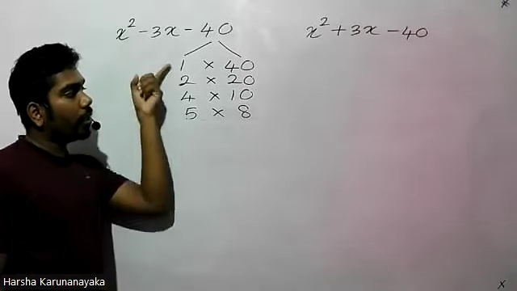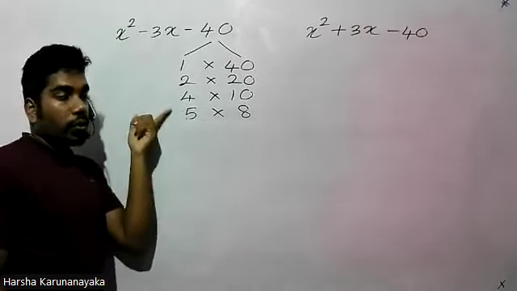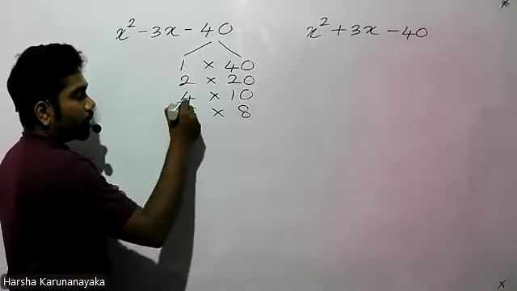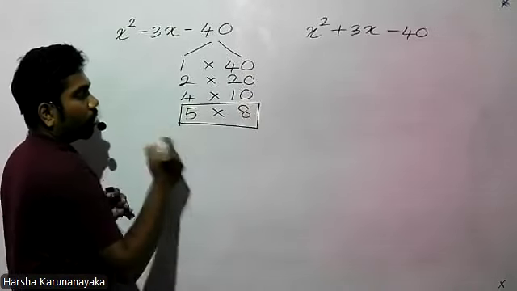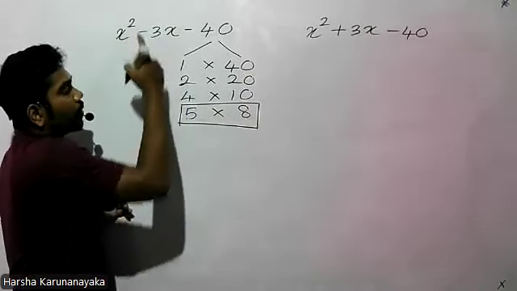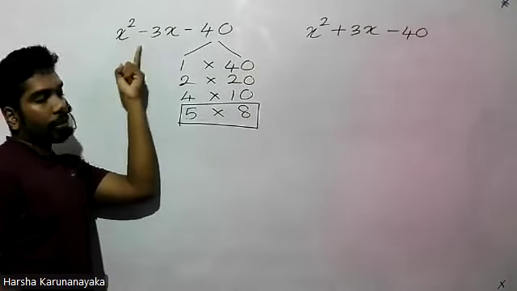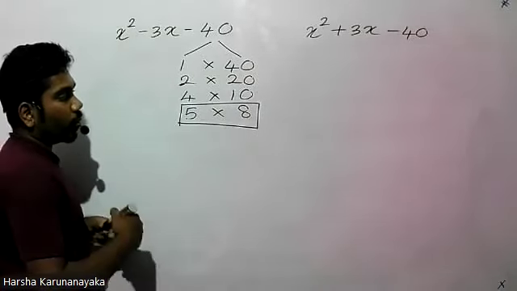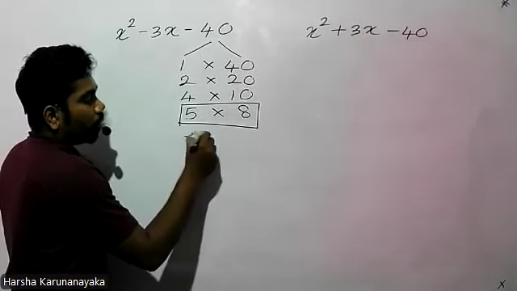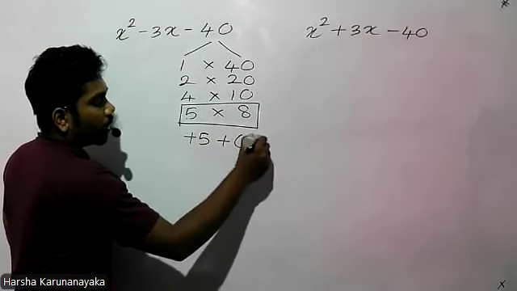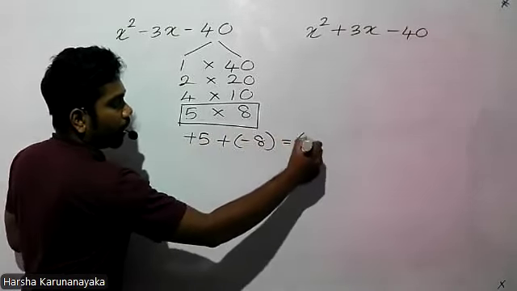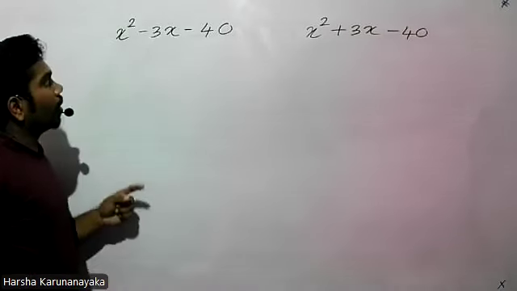So we want to get the difference between those two factors. So this is the one. 8 minus 5 equal to 3. The coefficient of x is minus 3x. So plus 5 plus minus 8, then we can get minus 3.